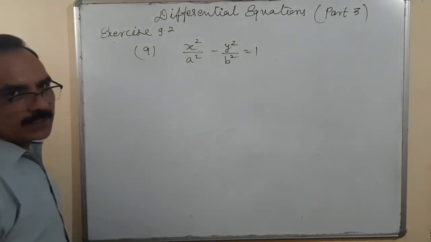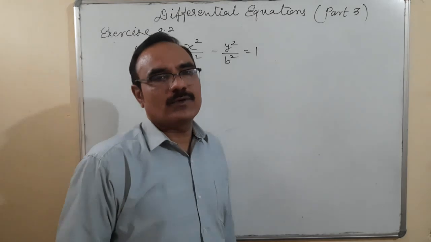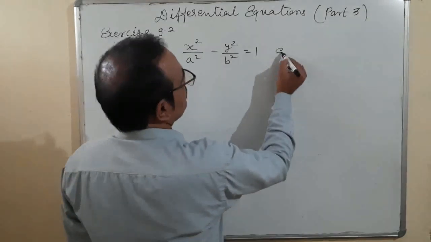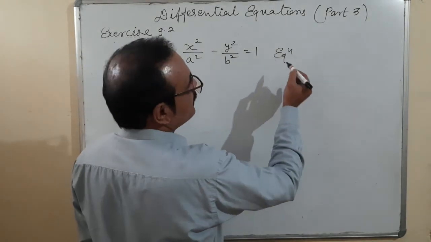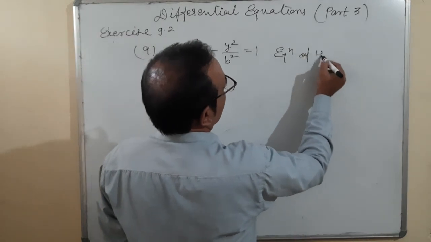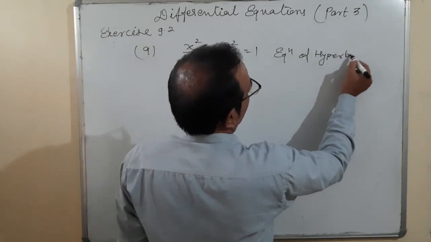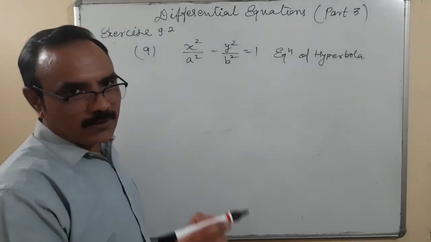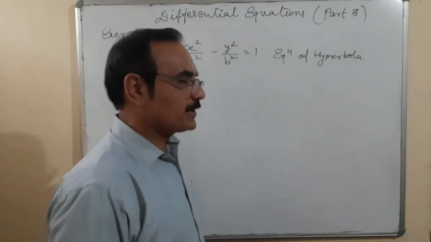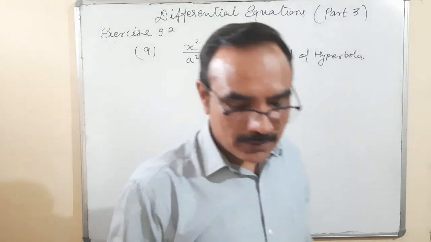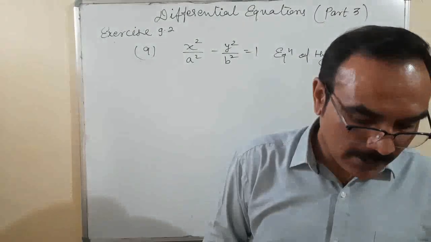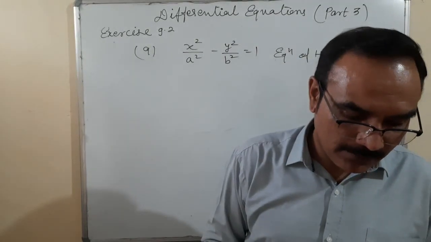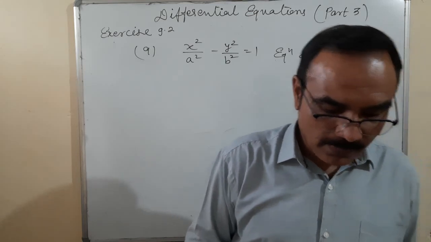Plus sign comes in the ellipse and minus sign in the hyperbola. Okay. So the equation of hyperbola when foci on the x-axis. There are two arbitrary constants here, and we are going to find the family of hyperbolas.